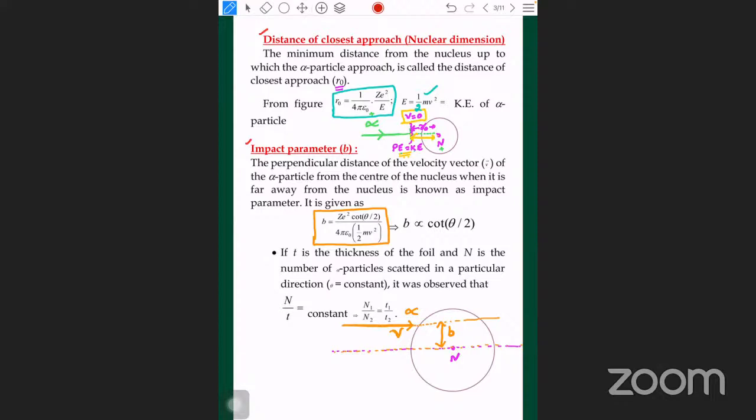How are the impact parameter and cot theta by 2 related? Directly proportional, right?